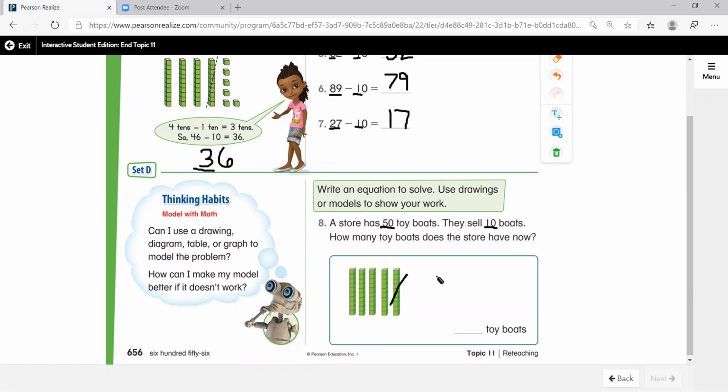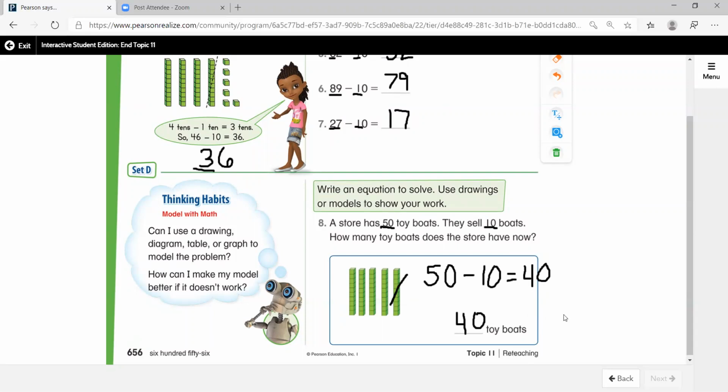I also want to write an equation to show how I found my answer. So I'll begin with my first number. We started with 50. Since we were selling boats, we need a subtraction equation with a minus sign. They sold 10 boats. And using my model, I found that there were 40 boats left. 50 minus 10 equals 40. The store has 40 toy boats left.